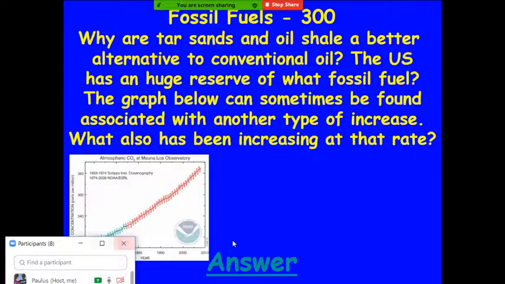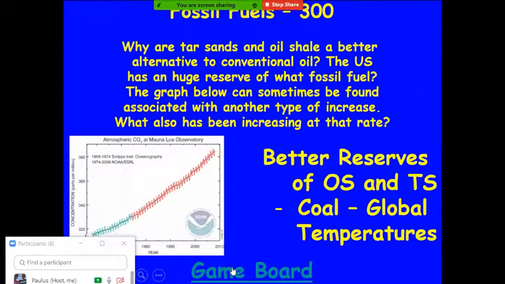All right, here we go. Okay, so there are just better reserves of oil sands and tar sands than we do conventional petroleum. But the U.S. has a huge reserve of coal, and global temperatures, or the increase in temperature, if you were to graph that, looks a lot like carbon dioxide.